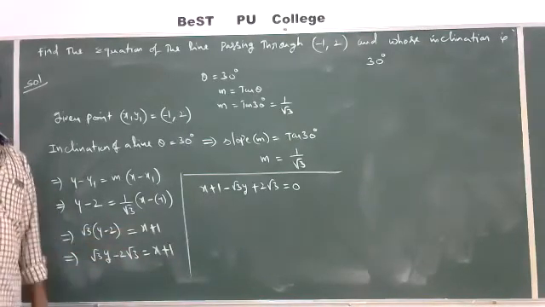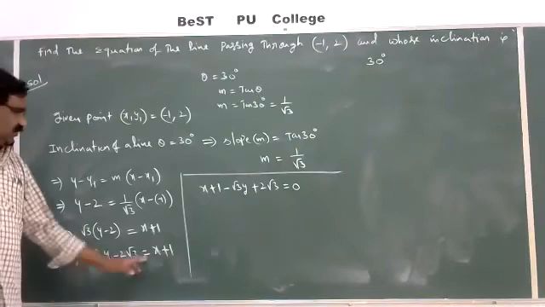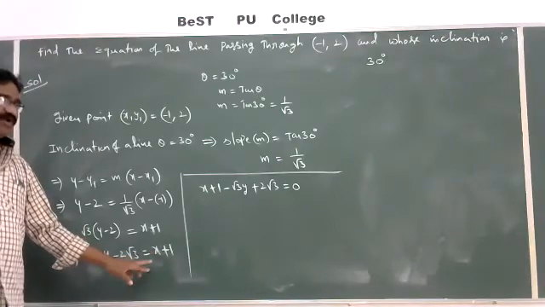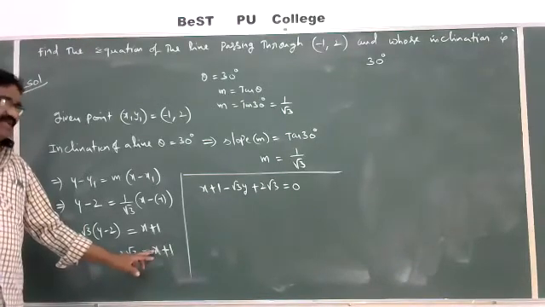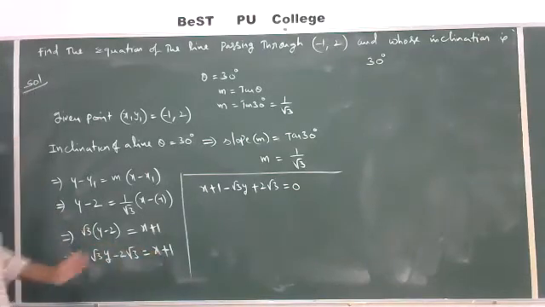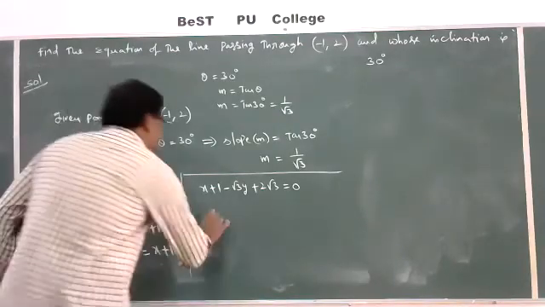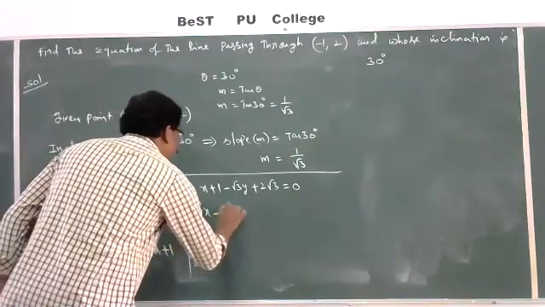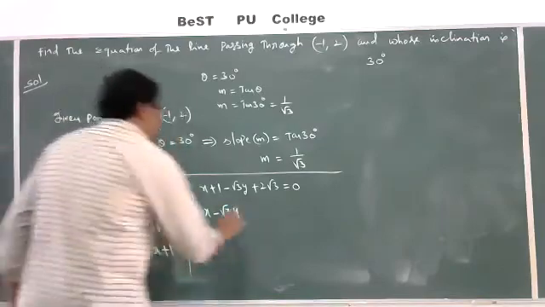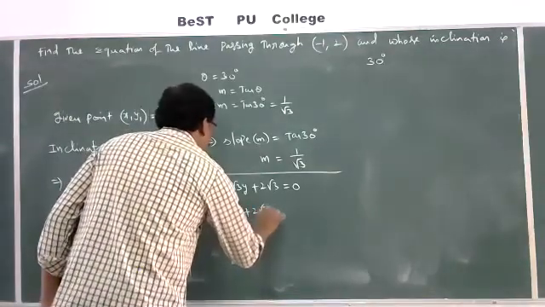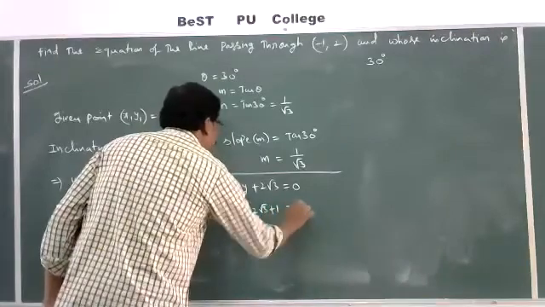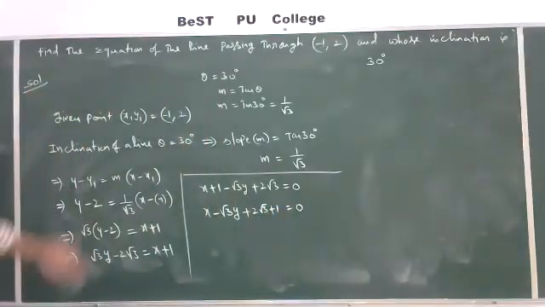That is the simplification way. Here the x coefficient would be negative, so you bring these values to this side. That is the simple way. So that is x minus root 3 y plus 2 root 3 plus 1 is equal to 0. This is the required equation of the line.